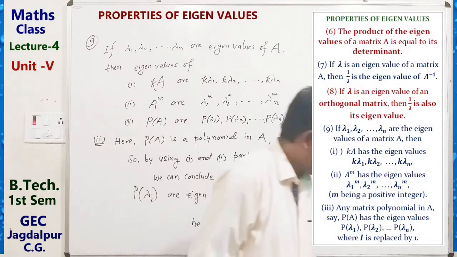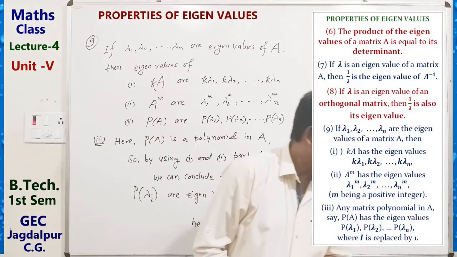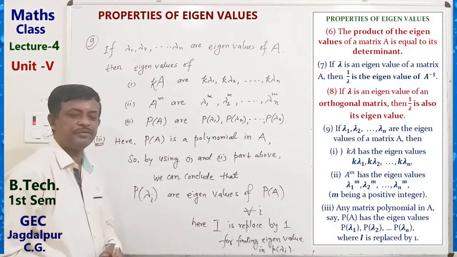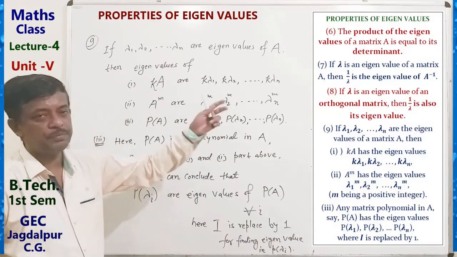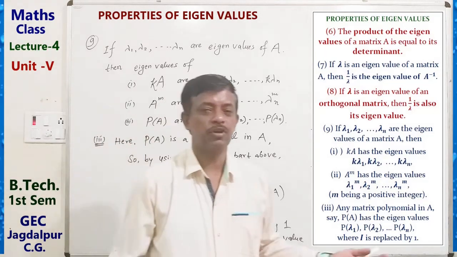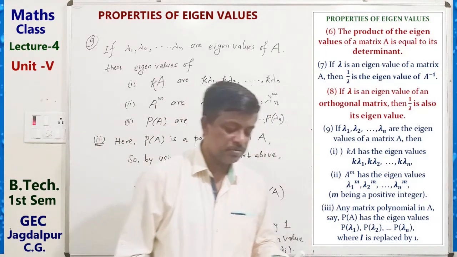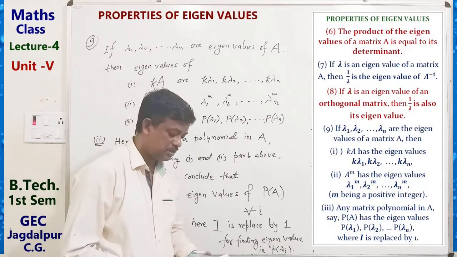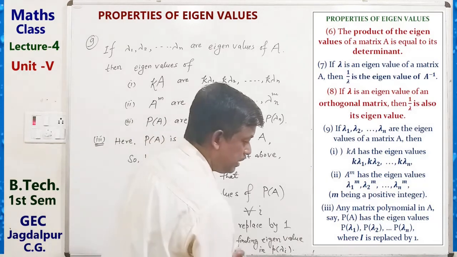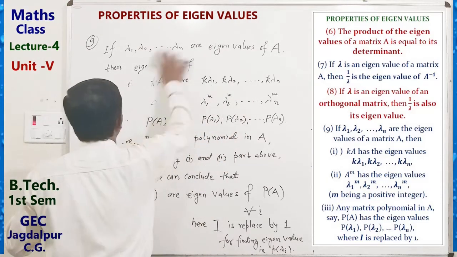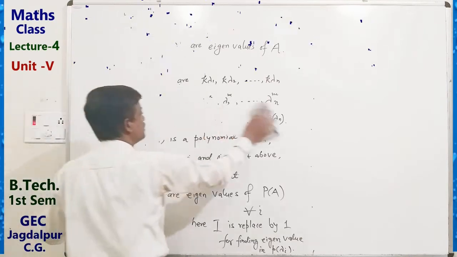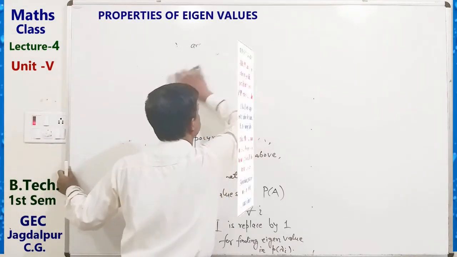Now property 10, a very important property. If capital A and P are square matrices of the same order, same type, and P is invertible, then A and P inverse A P have the same eigenvalues.